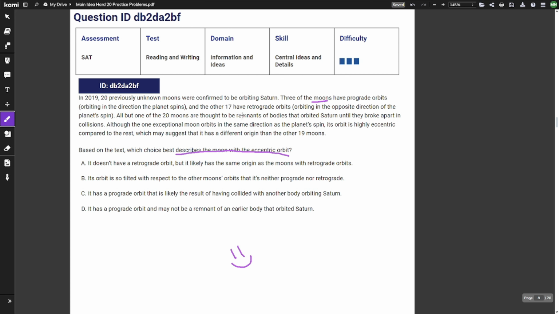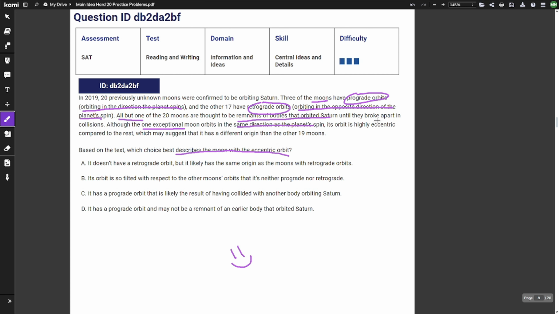We know that moons that orbit in the same direction the planet spins have prograde orbits, and that moons that orbit in the opposite direction the planet spins have retrograde orbits. Then we know we have this one special moon that is not a remnant of a body that orbited Saturn, and that this special moon has a prograde orbit.